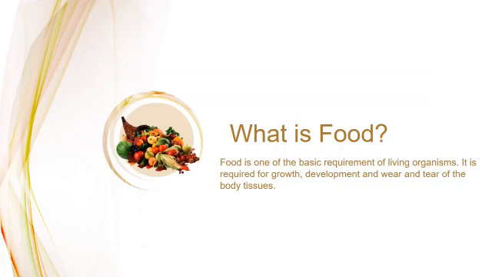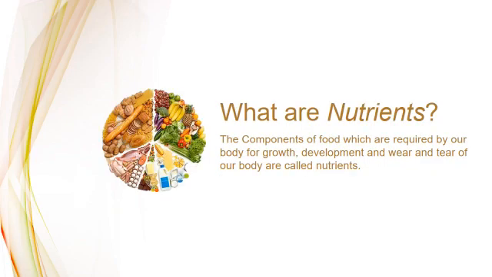So, what is food? Food is one of the basic requirements of living organisms. It is required for growth, development, and wear and tear of the body tissues. We know that each dish is usually made up of one or more ingredients which we get from plants or animals.